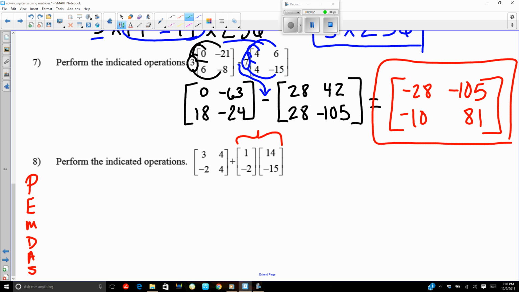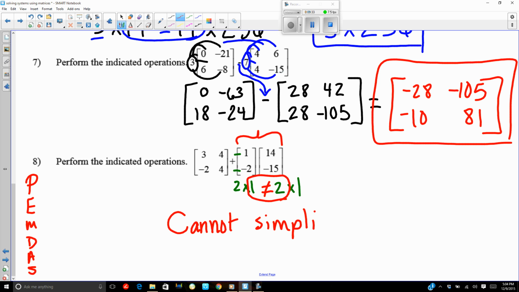This first matrix has 2 rows and 1 column, and of course so does the other. So we see right away, if they're both 2 by 1 matrices, they cannot be multiplied because those inside numbers do not match up. They're not equal. So since we cannot multiply those two matrices, there's not really anything we can do in this problem. So we cannot simplify this answer. That'll save you a lot of time if you check the dimensions first.